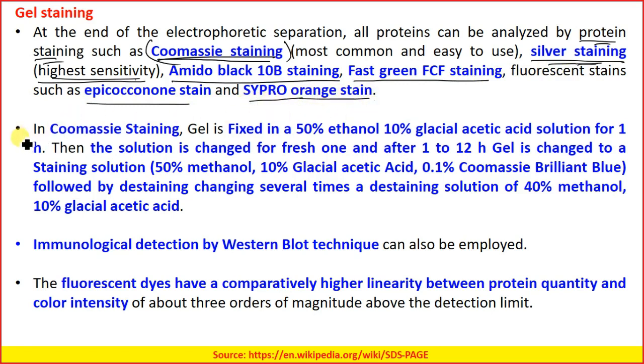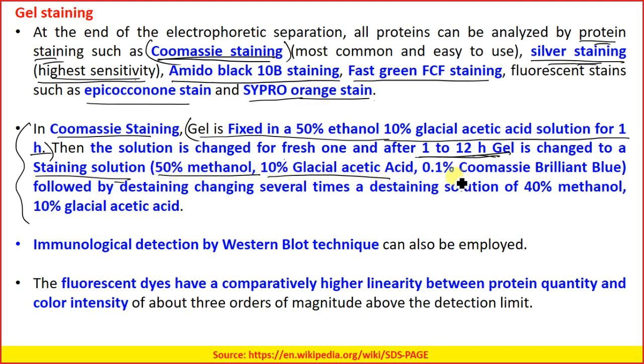So how is the Coomassie staining done? In Coomassie staining, the gel is fixed with 50% ethanol, 10% glacial acetic acid solution for 1 hour. So fixation of the gel is done initially. Then the solution is changed for a fresh one, and after 1 to 12 hours, the gel is changed to a staining solution which contains 50% methanol, 10% glacial acetic acid, and 0.1% Coomassie brilliant blue.